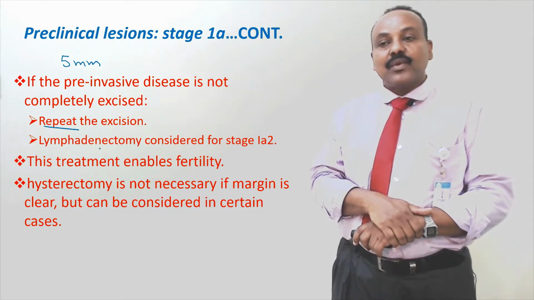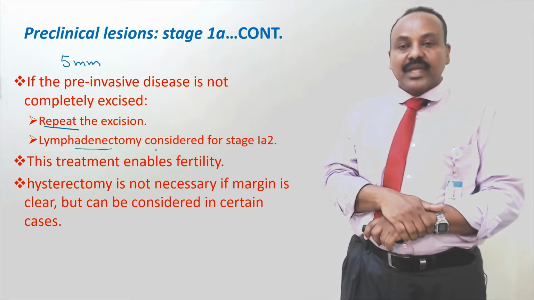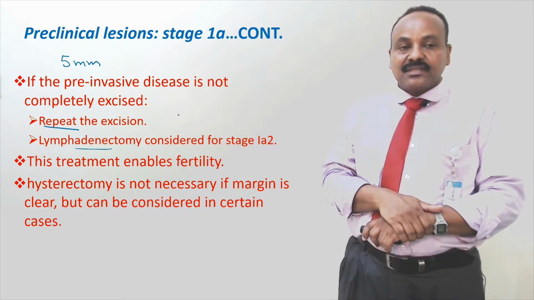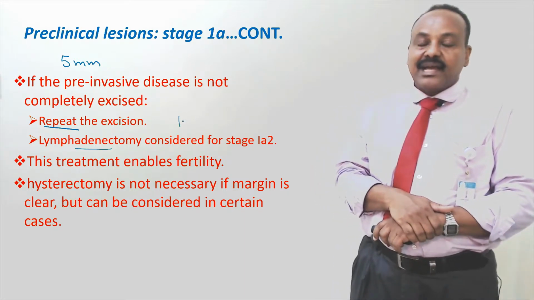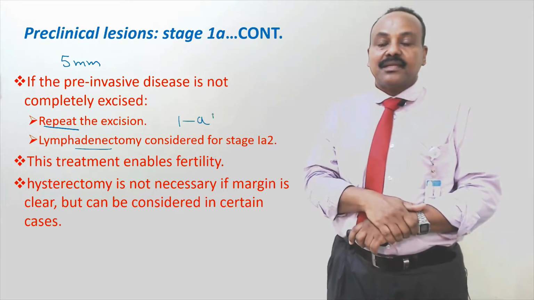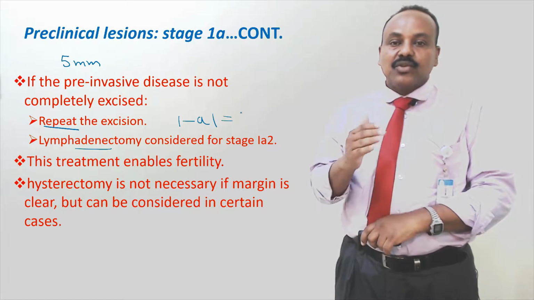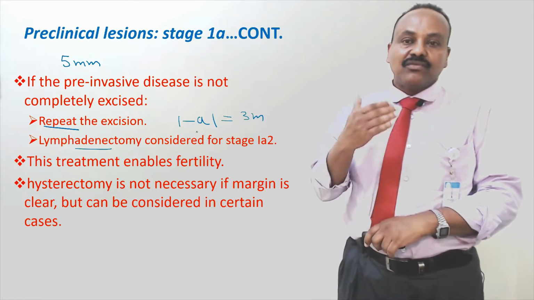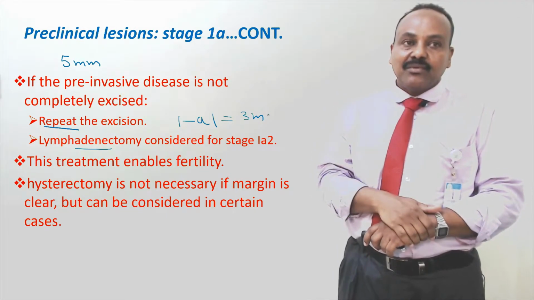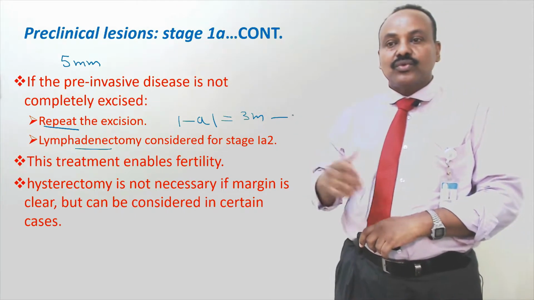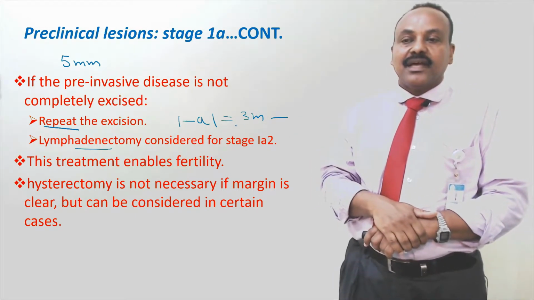But in stage 1A1, which is up to 3 millimeters and 7 millimeters in width, most probably the involvement of lymph nodes, as I told you in that table, is 0. So no need to do lymphadenectomy.